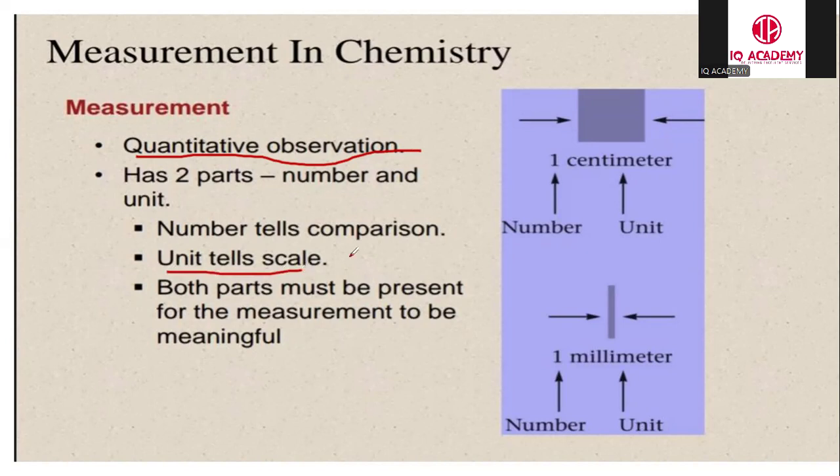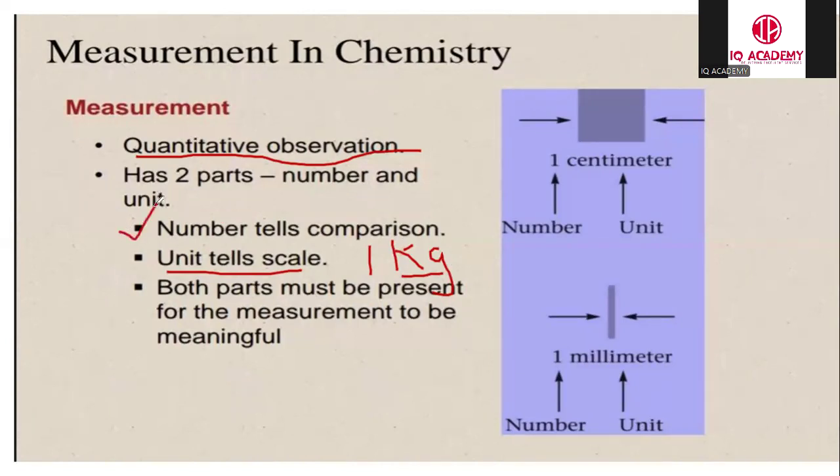For example, if I say I have this measurement as 1 kg, this 1 kg is telling us how much of this scale we have, and the kg is representing mass. So measurement is a quantitative observation that should have two parts. Number one, a number or a value.